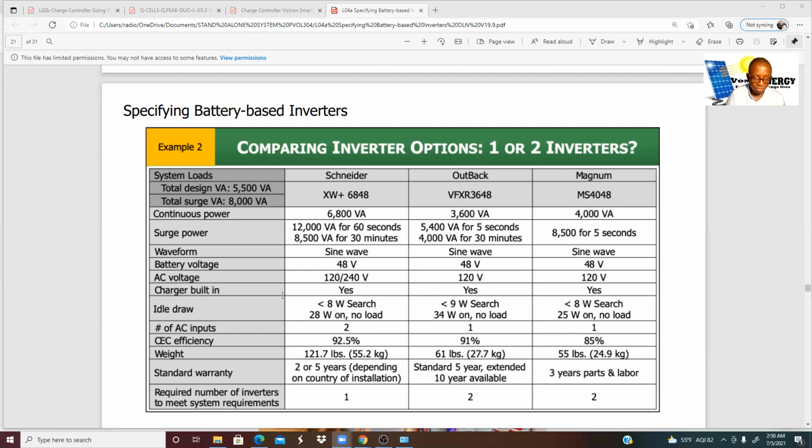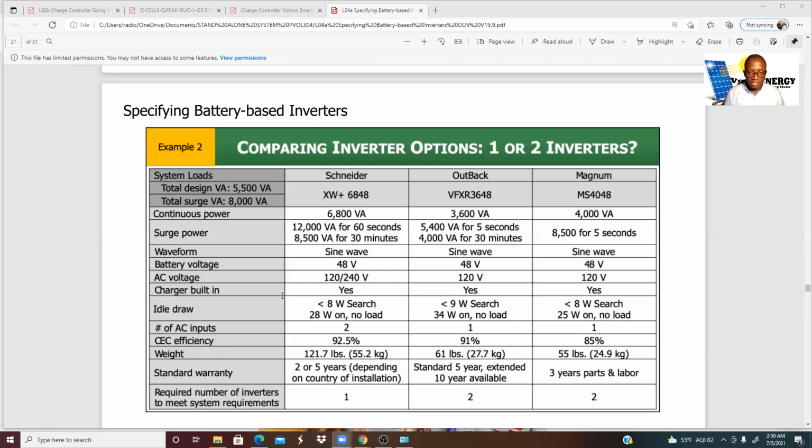For the surge power, we have 12,000 VA for 60 seconds, and we have 8,500 VA for 30 minutes. What is the surge seconds? It's very important to know. The surge seconds is the time it takes for the motor of a refrigerator to pick up.